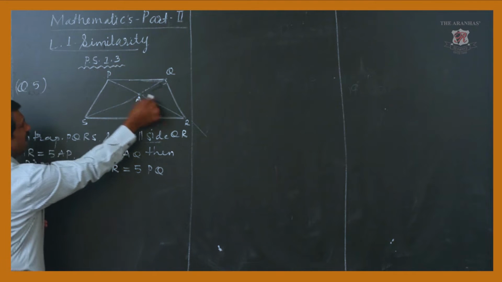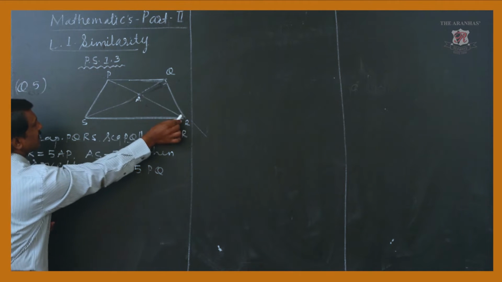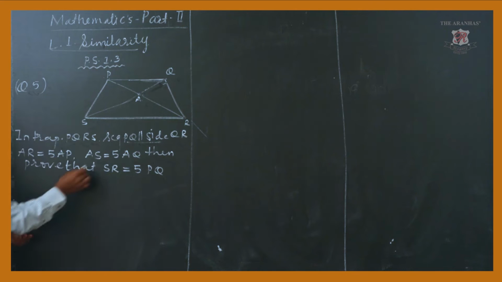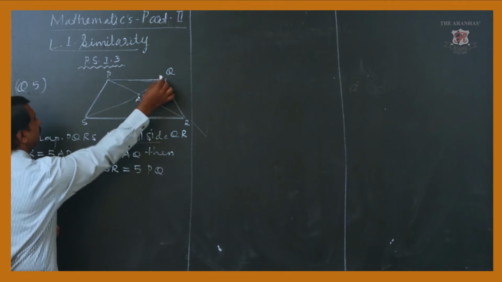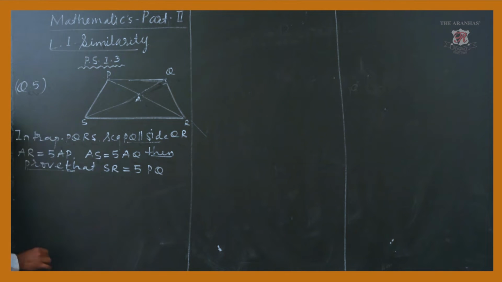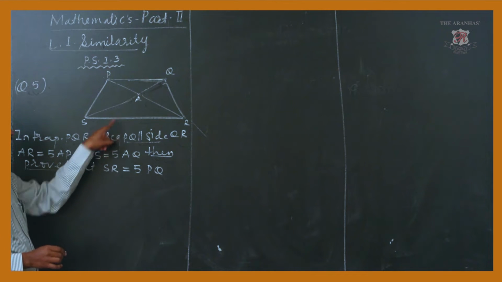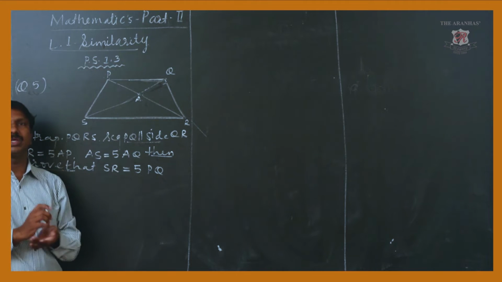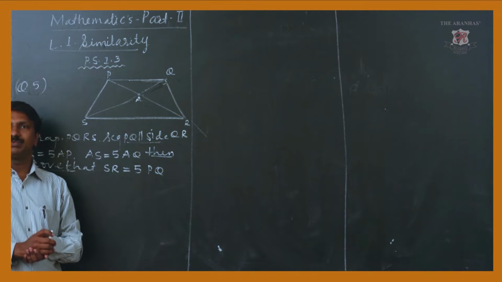They gave us some side relations: AR is 5 times AP and AS is 5 times AQ. Then we have to prove the remaining pair: segment SR is 5 times segment PQ.